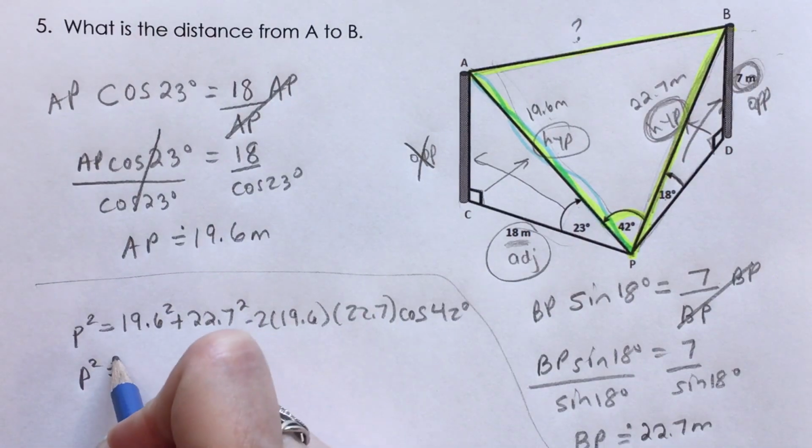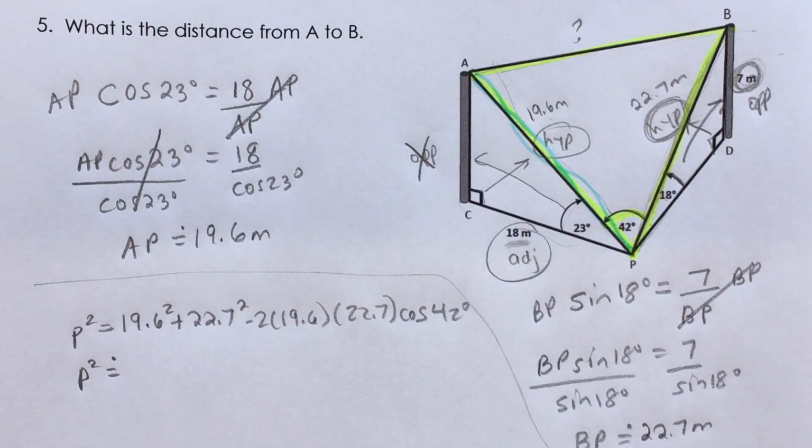Some people may be able to go straight to the answer now. But I'm going to at least type all of this in. So 19.6 squared plus 22.7 squared minus 2 times 19.6 times 22.7 times the cosine of 42 degrees.